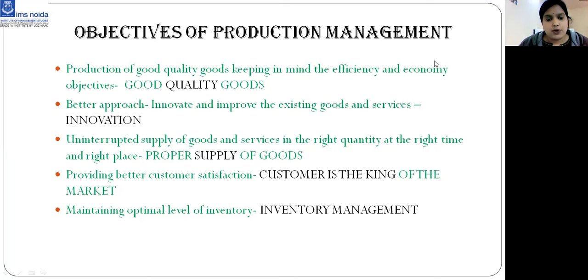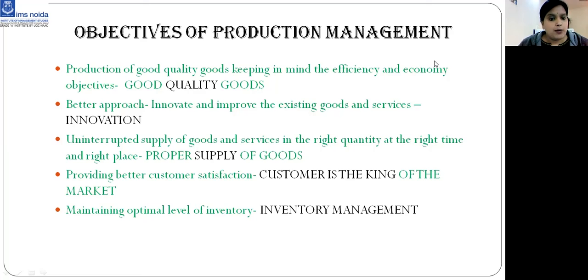Second objective of production management is that it has to innovate and improve the existing goods and services. Next objective is there should be uninterrupted supply of goods and services in the right quantity, at the right time, and at right place, which can be termed as proper supply of goods.